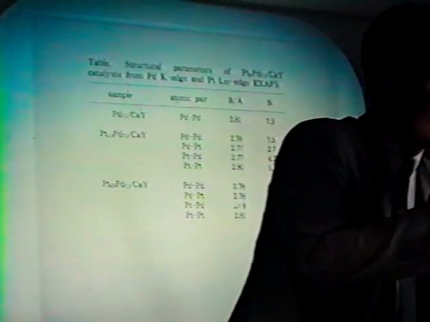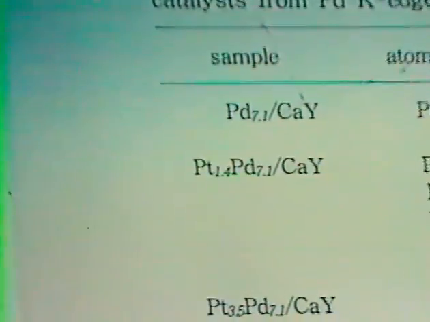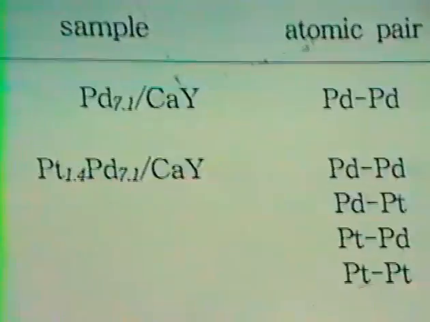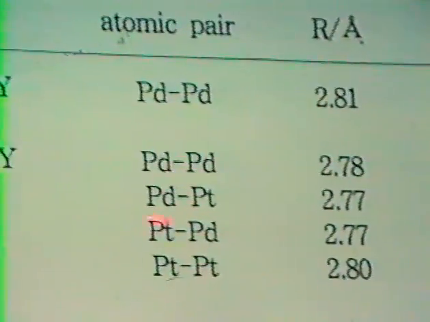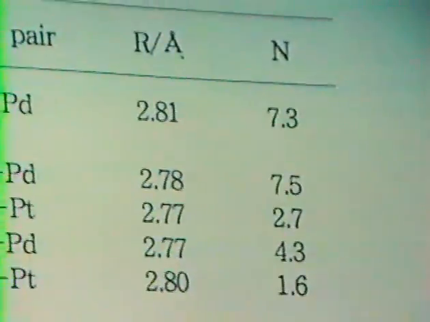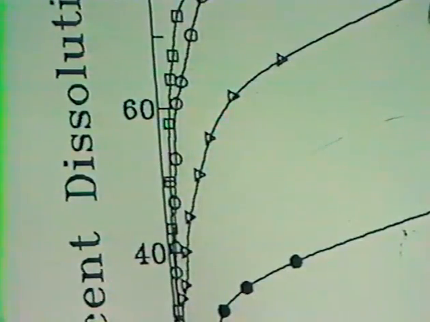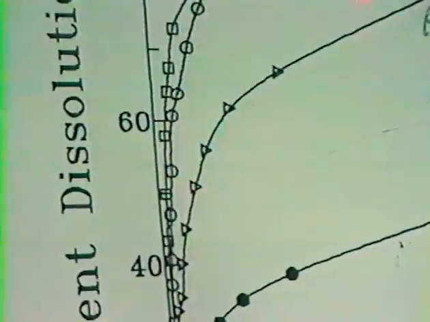This is a result of XAFS study of the PtPd system. We prepared the Pd first and then added Pt. We see the coordination of Pd-Pt due to the formation of bimetallic clusters. Due to this formation of the bimetallic Pd-Pt system, the solubility of the cluster decreased remarkably.